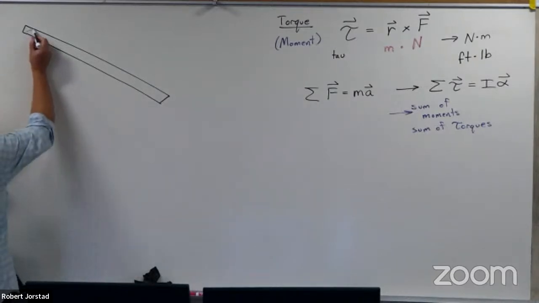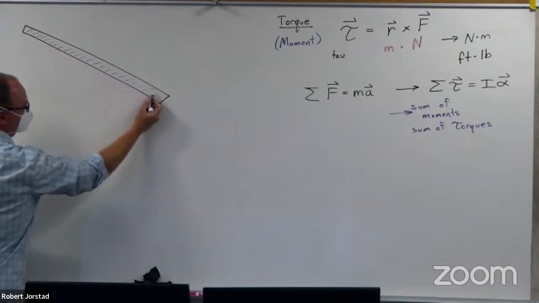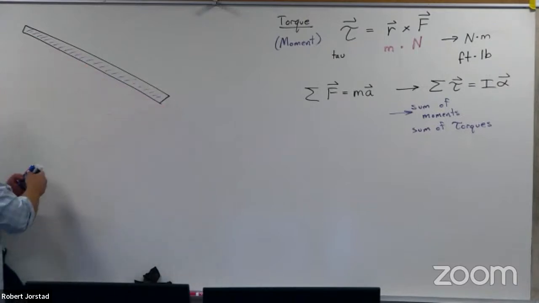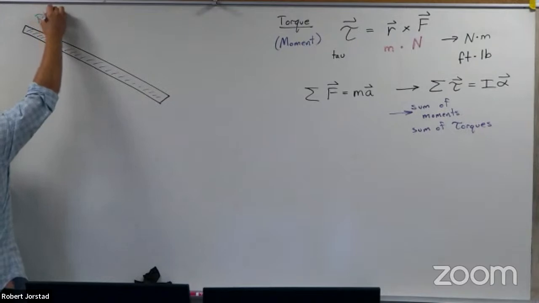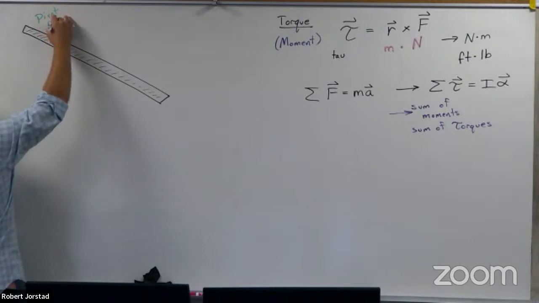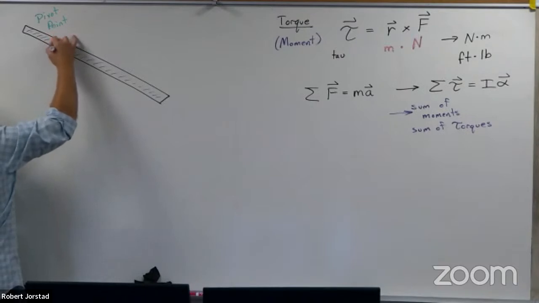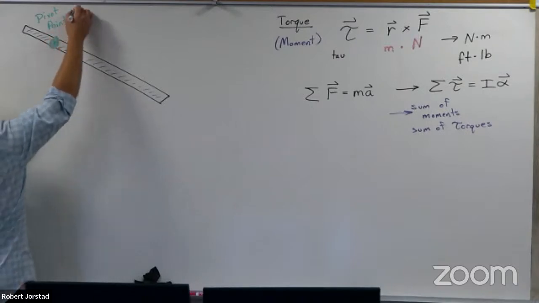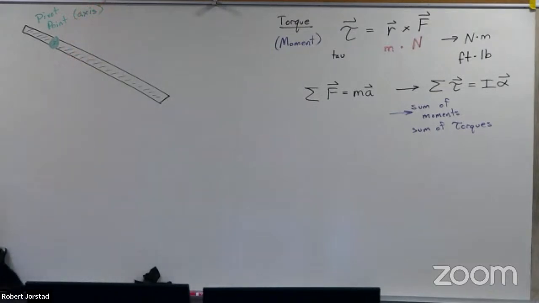Now in this case, imagine we have a rod here. And let's say there's a pivot point. There's always a pivot point or an axis. If you're wondering what I mean by an axis, the axis would point out of the page, but it's a pivot point.